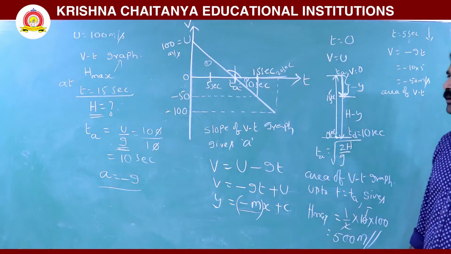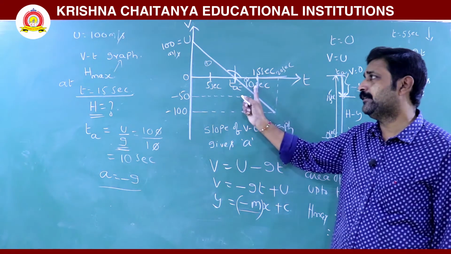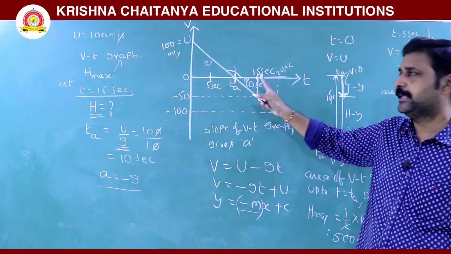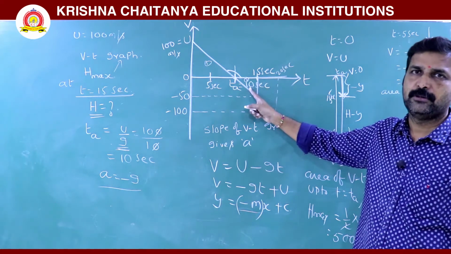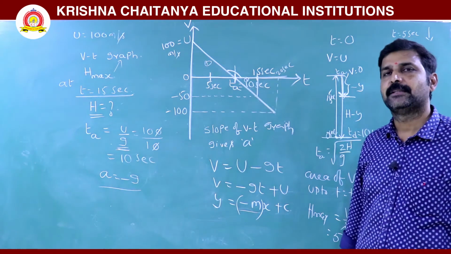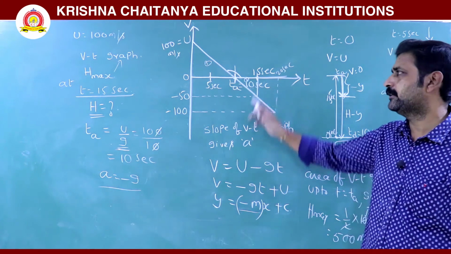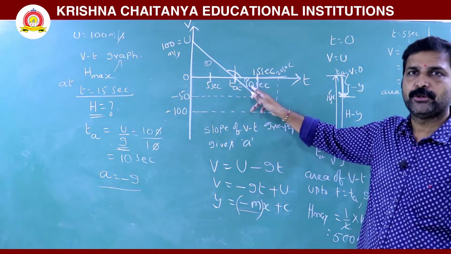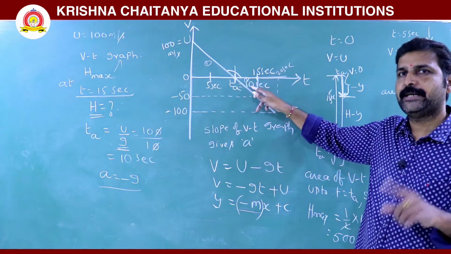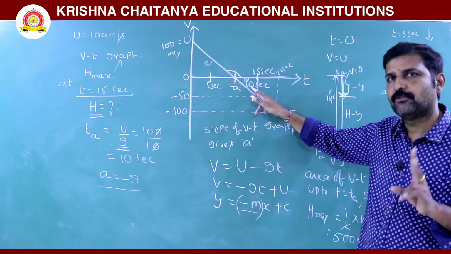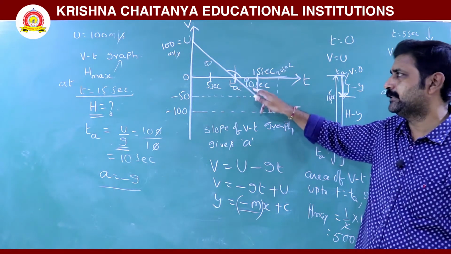That is the difference. So when there is negative velocity, the area should be negative to calculate displacement, and positive to calculate distance. The same area is taken negative for displacement and positive for distance if the negative axis is included.